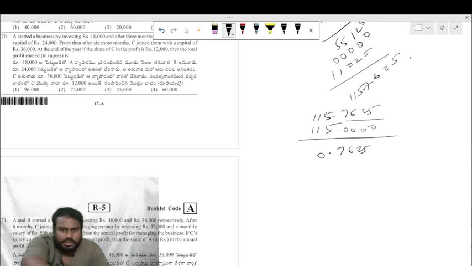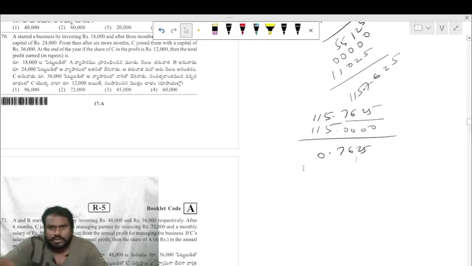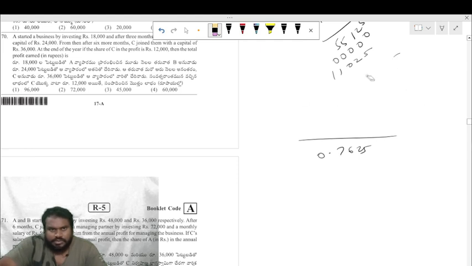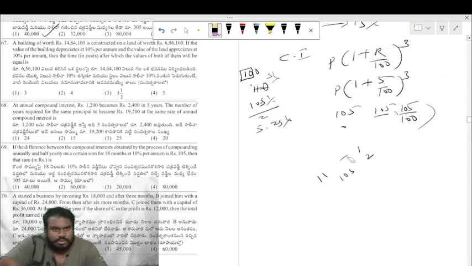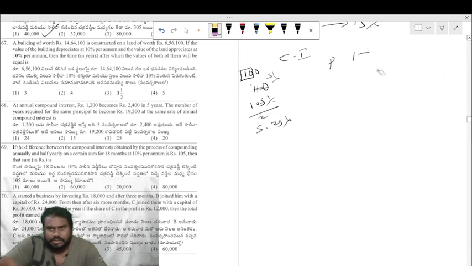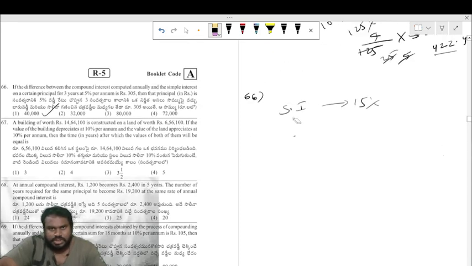Okay. If 0.7625 is the value that corresponds to the extra amount, there is a question. I'm telling you two methods here. One is a little bit complicated and the other is easy. We already solved the question. We got the answer, that is 40,000.